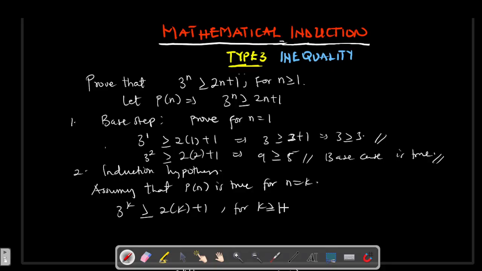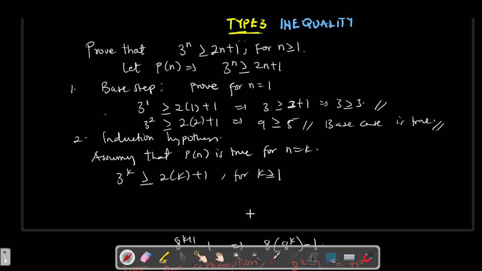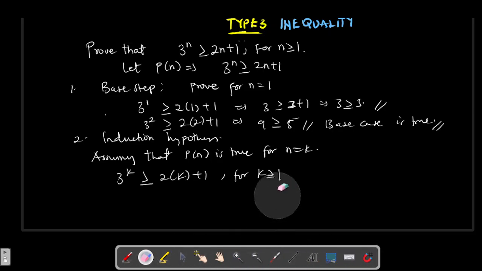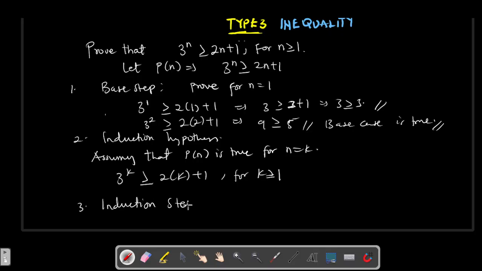So this statement here is true. At this point, we are moving to the induction step.